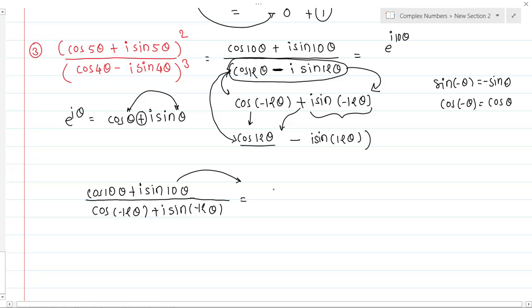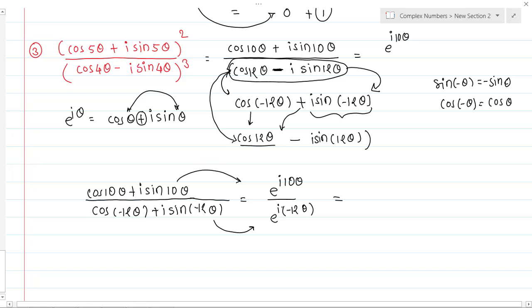The numerator will be e raised to i 10 theta, upon, e raised to i times minus 12 theta. That's great. So what happens?